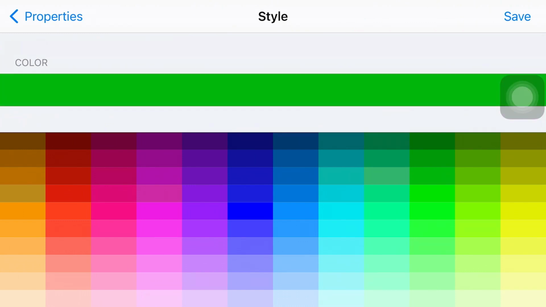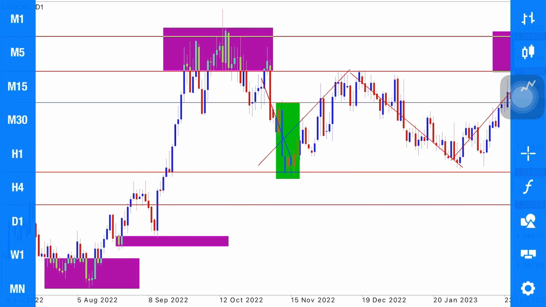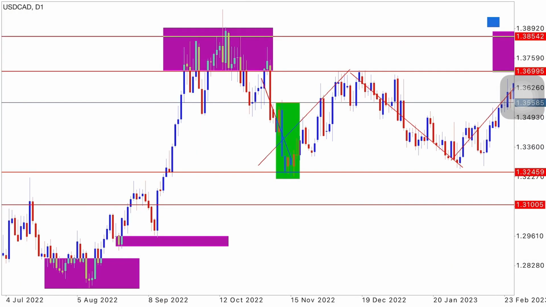And our stop loss was going to be just right about here.